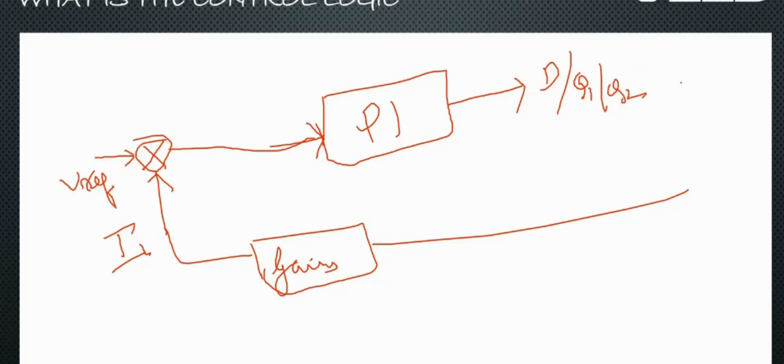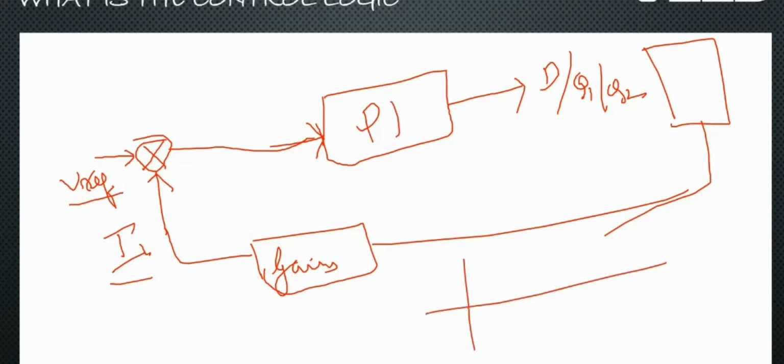This gives me the plant model of it, and then I have a current. So we have a complete closed loop system wherein the difference between the Vref and the current should be none, right?